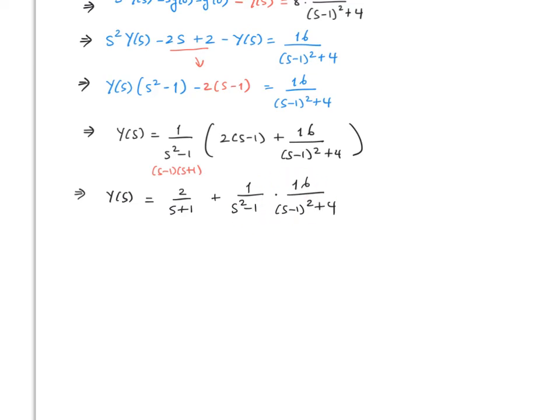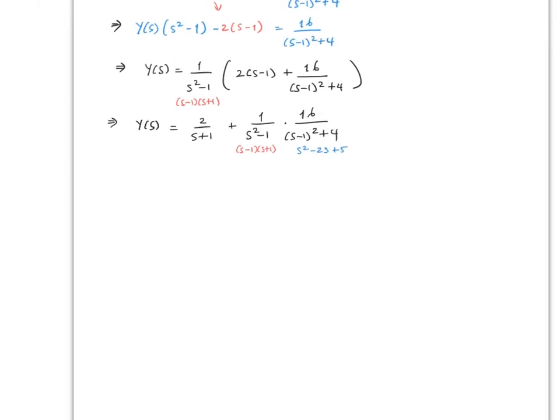Now, remember that this is the same thing as s minus 1 times s plus 1. And this one, if you distribute, will give you s squared minus 2s plus 5. Technically, the partial fractions that you need are the following.